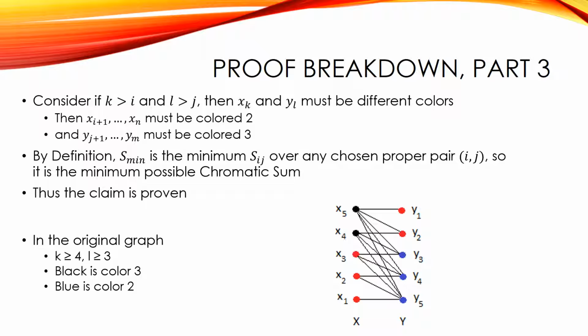And again, x4, x5, y3, y4, and y5 make up a complete bipartite graph. So the x's and y's in that subset are going to be neighbors. They have to be different colors. In this particular case, we're going to let black be color 3 and blue be color 2 because there are more blue vertices than black vertices. And that's what I was saying: we can swap 3 and 2 in order to get a minimal value.